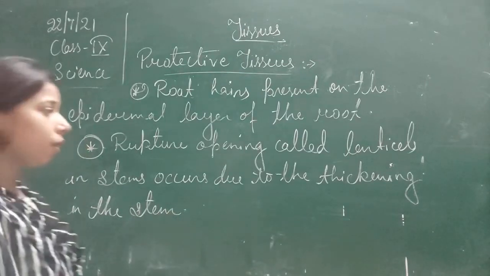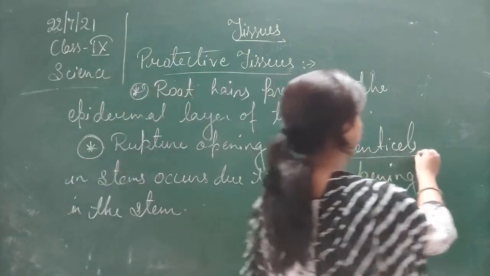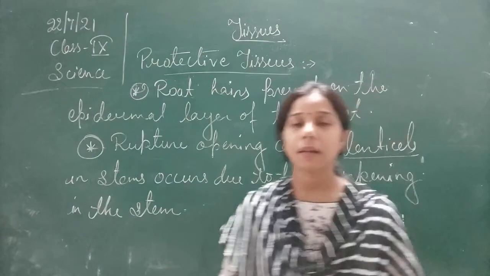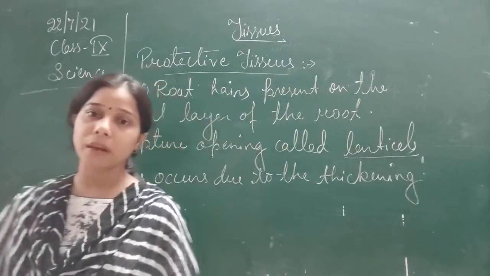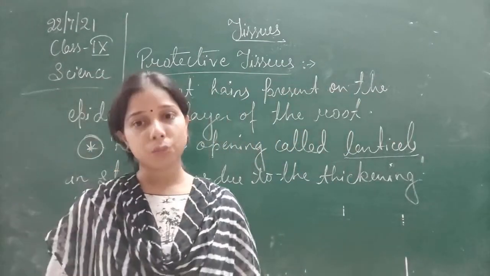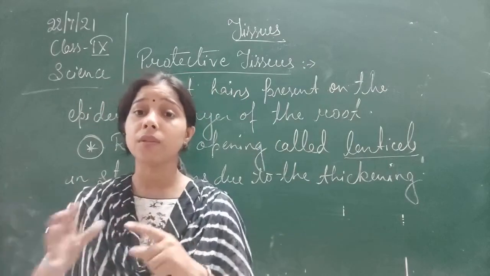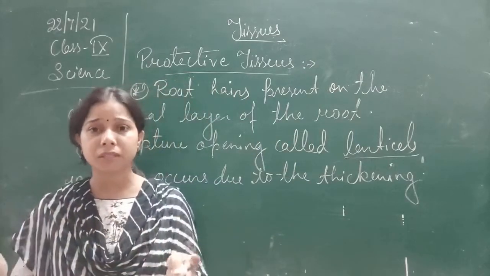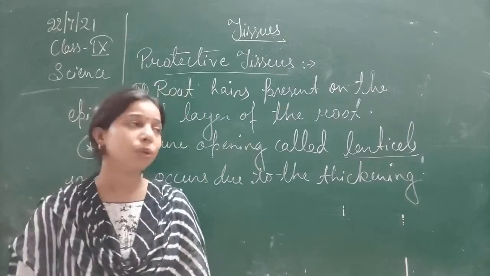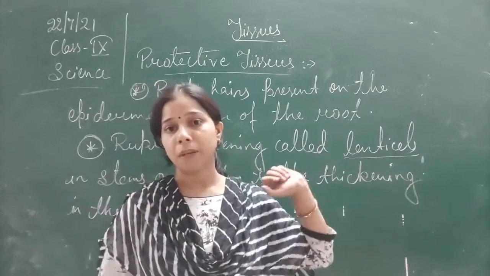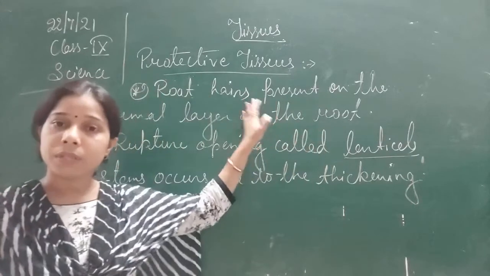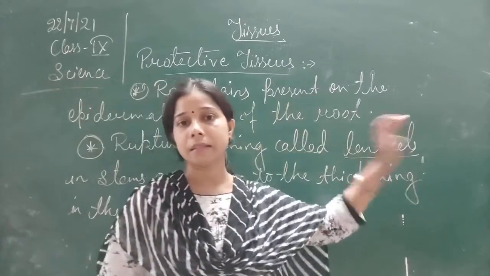The rupture opening, called a lenticel, is present at the stem region, and it occurs when the plant grows and matures, because at that time there is an increase in the thickness of the stem, due to which lenticels are formed. So in roots we see root hairs, in stems lenticels.